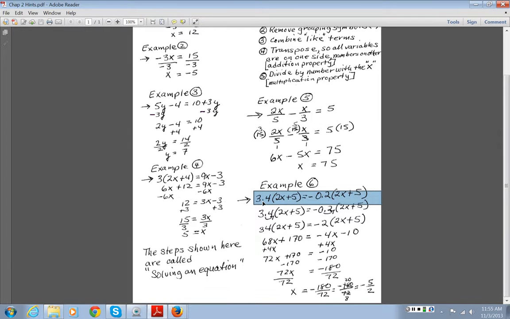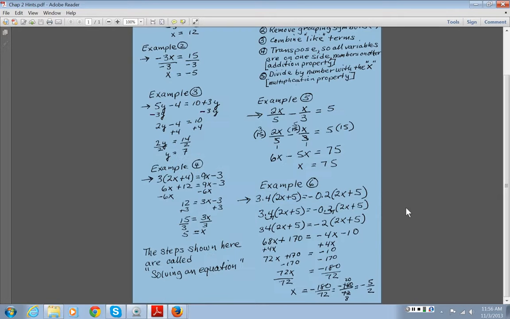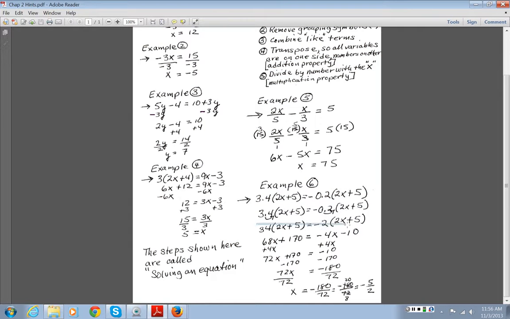And the short way of multiplying by 10 is you just move the decimal place over one place. So that makes this 3.4 a 34 and a negative 0.2 a negative 2. So in this form down here, you have a much easier equation.